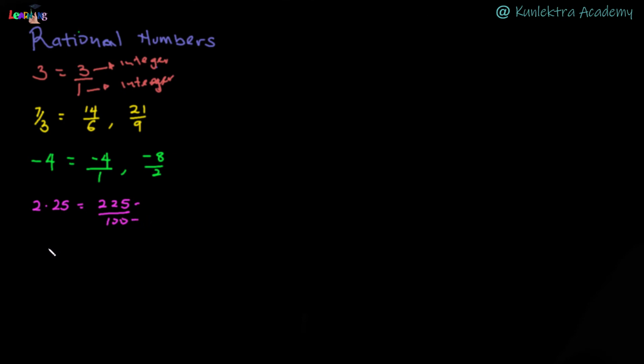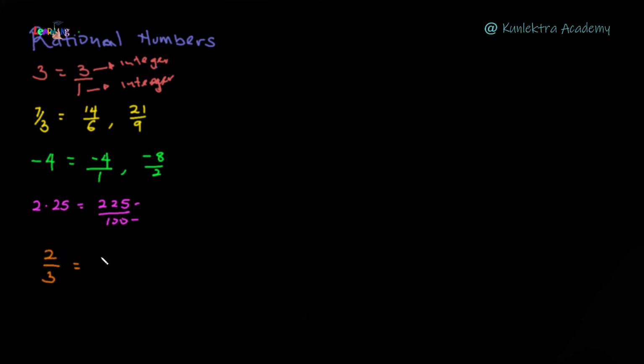And sometimes we have fractions whose decimal values are continuous. For example, when you have values like 2 over 3, in most cases you have something like 0.666, and most of the time you approximate it.